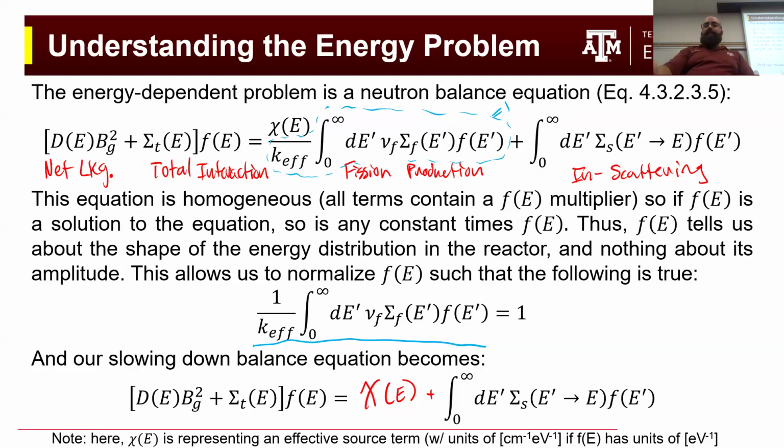And the only thing we really have to be careful about is that, because we want to be precise and we want to talk about units, technically this fission spectrum term, if it was a normal fission spectrum, is a probability density function, so it has units of inverse energy. But this quantity here technically has units.